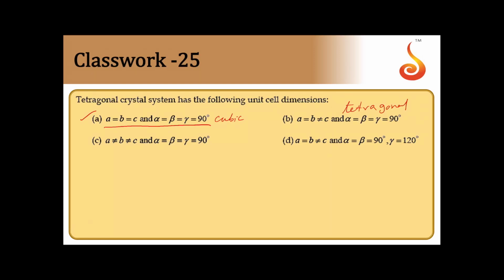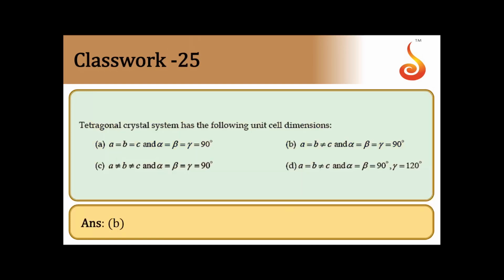And coming to C, it is the orthorhombic form. And 120 stands for hexagonal structure. So we need to remember the crystal distances as well as the bond angles present between the planes. So the Bravais lattice table should be remembered here. They are asking us for the tetragonal system. Answer B.